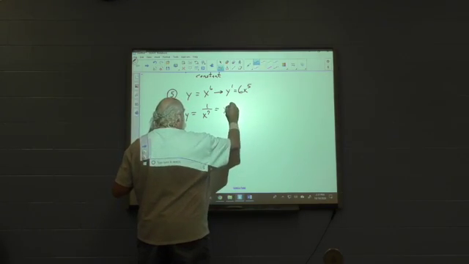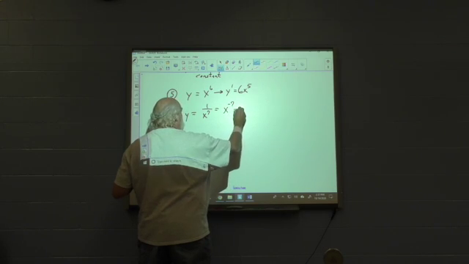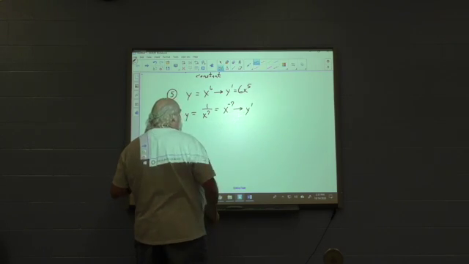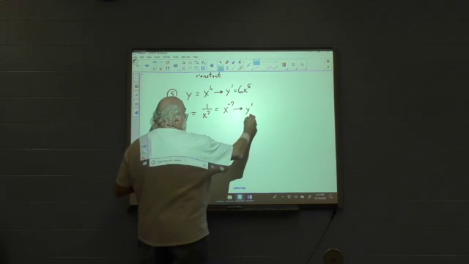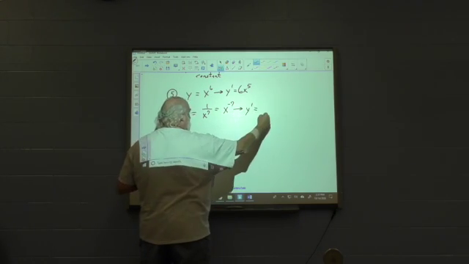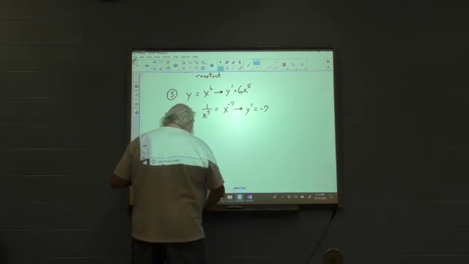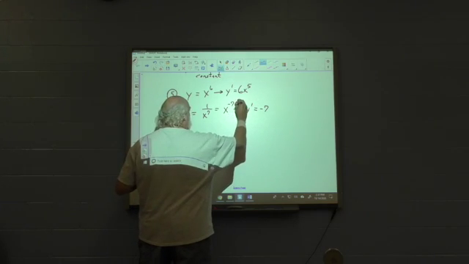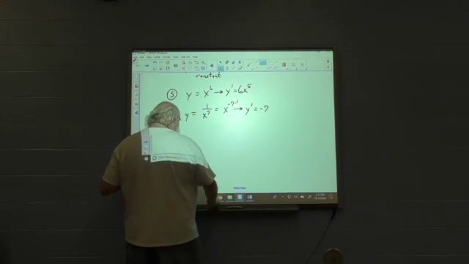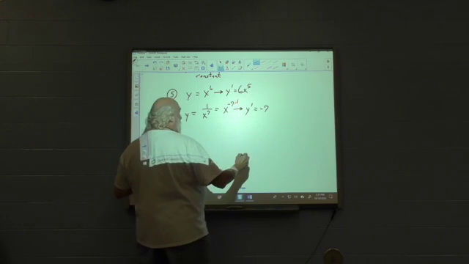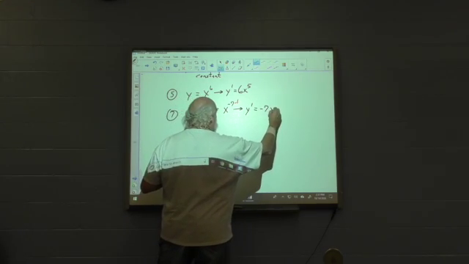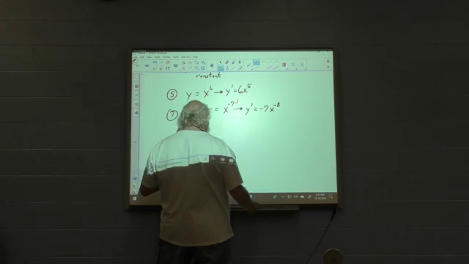So this is x to the negative 7th power. That means the slope, the derivative, y prime, equals negative 7 here. And then we're going to subtract 1 from negative 7. Be careful on this. That is not -6, that is -8. So it's x to the -8th power.